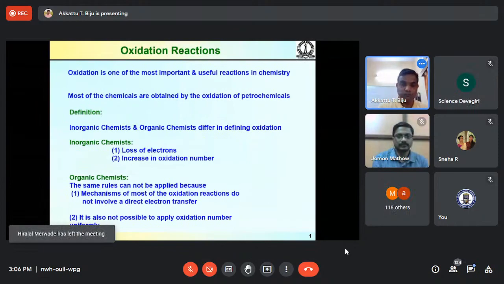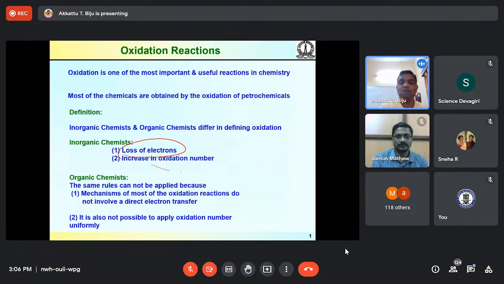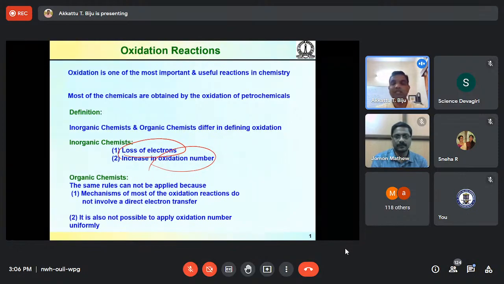For an inorganic chemist, oxidation is a loss of electrons or an increase in oxidation number. I hope you remember the oxidation of magnesium to magnesium 2+ that we discussed yesterday.